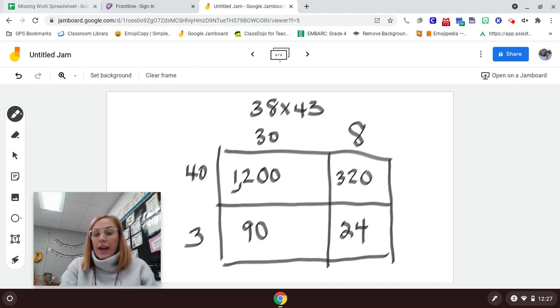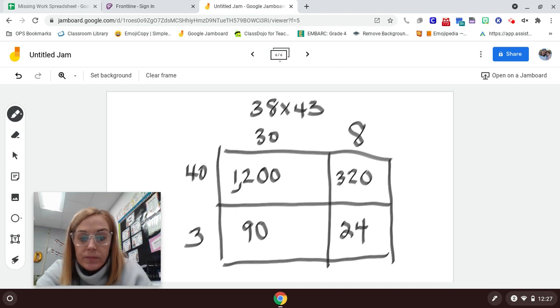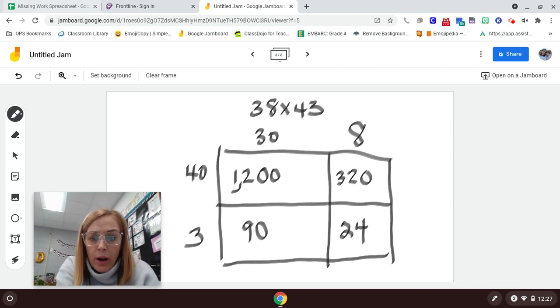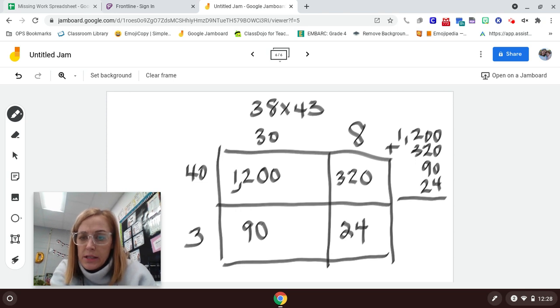Okay, so now I can add all of this together, and you can choose to do this any way you want. I'm going to do 1,200 plus 320 plus 90 plus 24. So 0 plus 0 plus 0 plus 4 is 4.